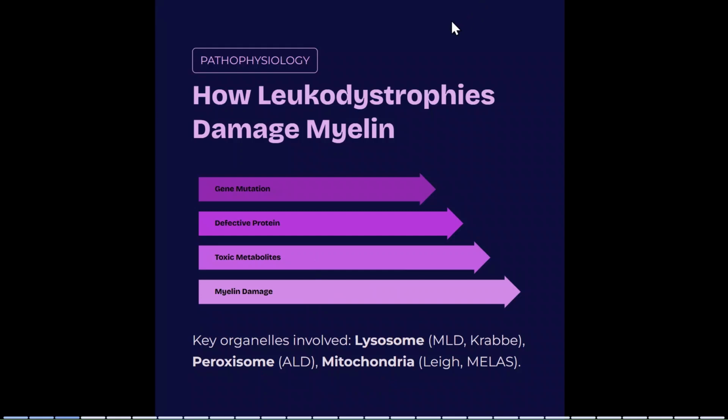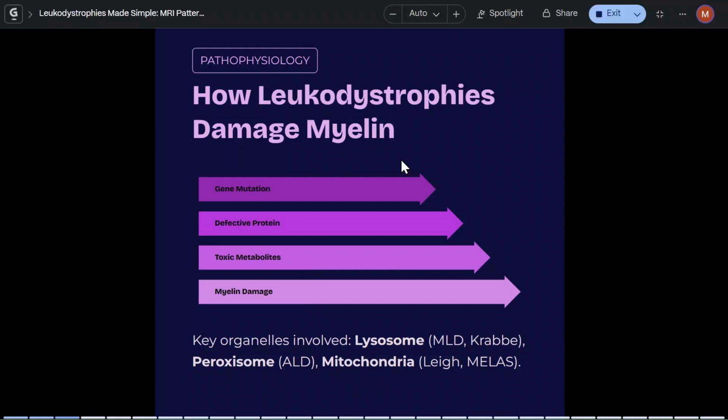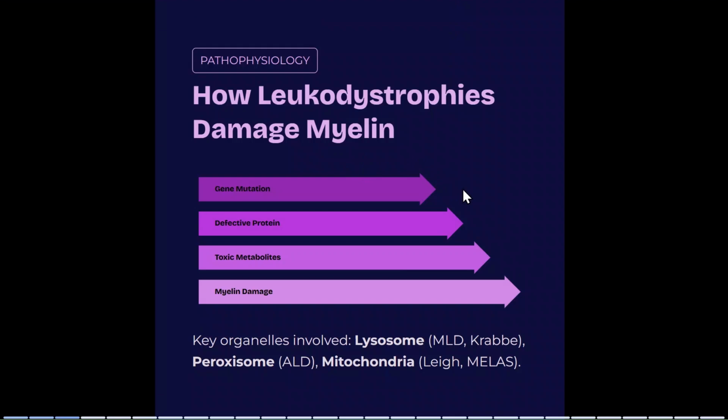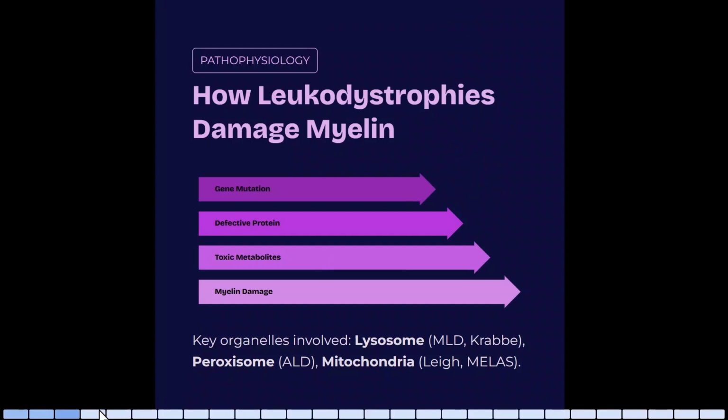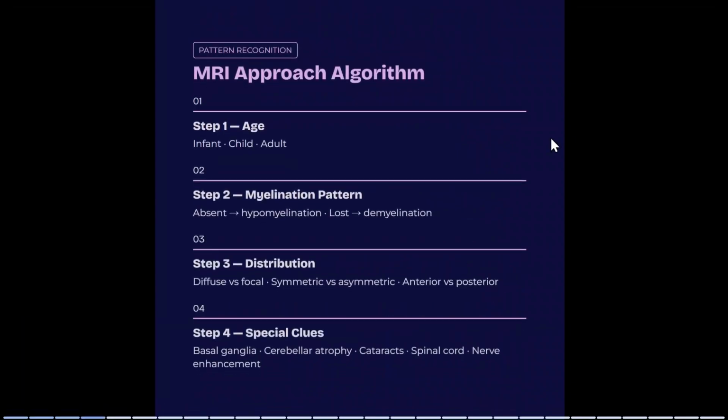Then coming up to the diagnosis, where radiology comes into the picture and helps in diagnosing these leukodystrophies. First of all, we need to know that MRI is the modality of choice for diagnosing these diseases. Secondly, age is important, and you need to know the age of the patient.